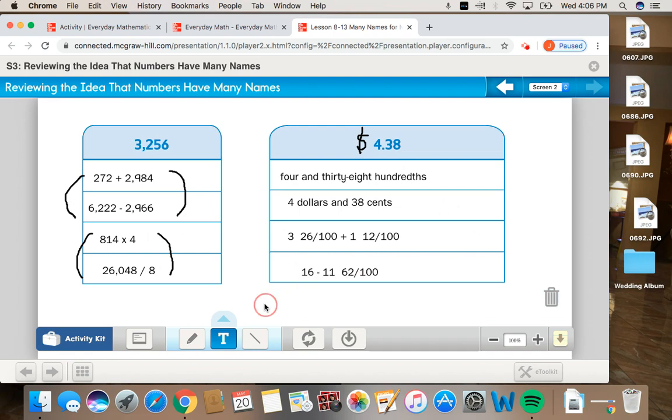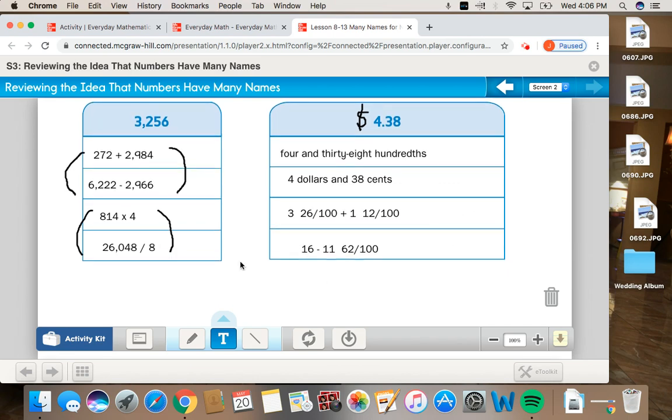And to see how I did that one, you would have to set that up vertically and show your regrouping. So here's just a few examples of what you can do when you see those kinds of problems. And again, you can go back and check this out as many times as you need to.